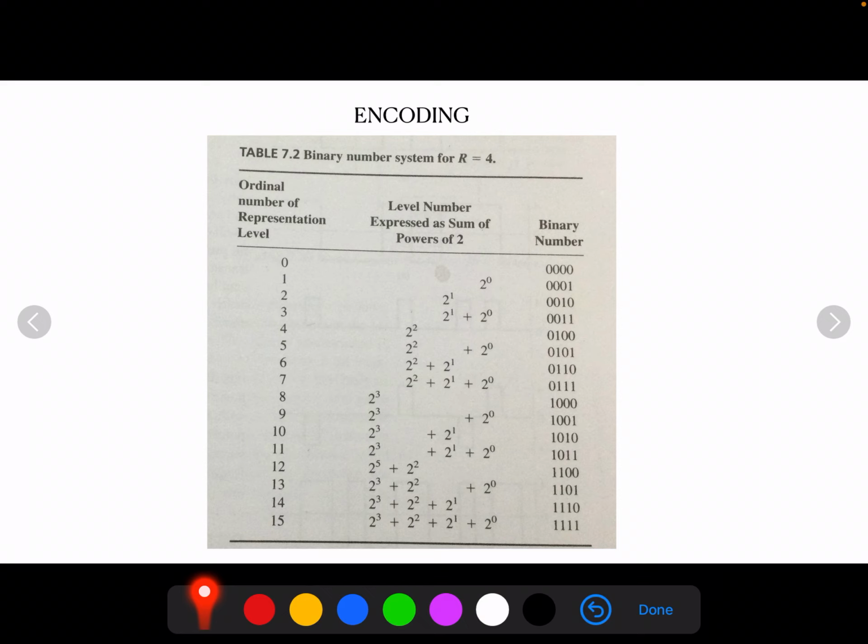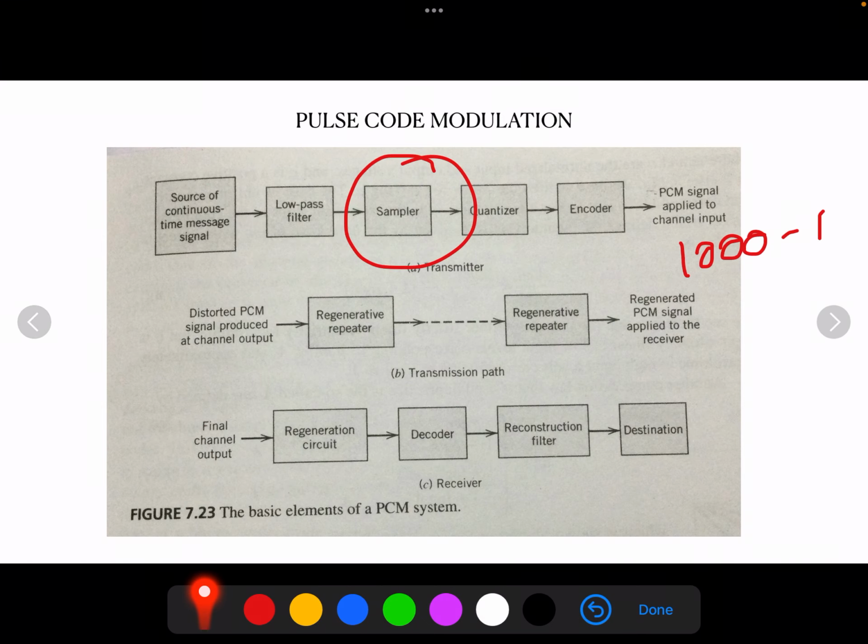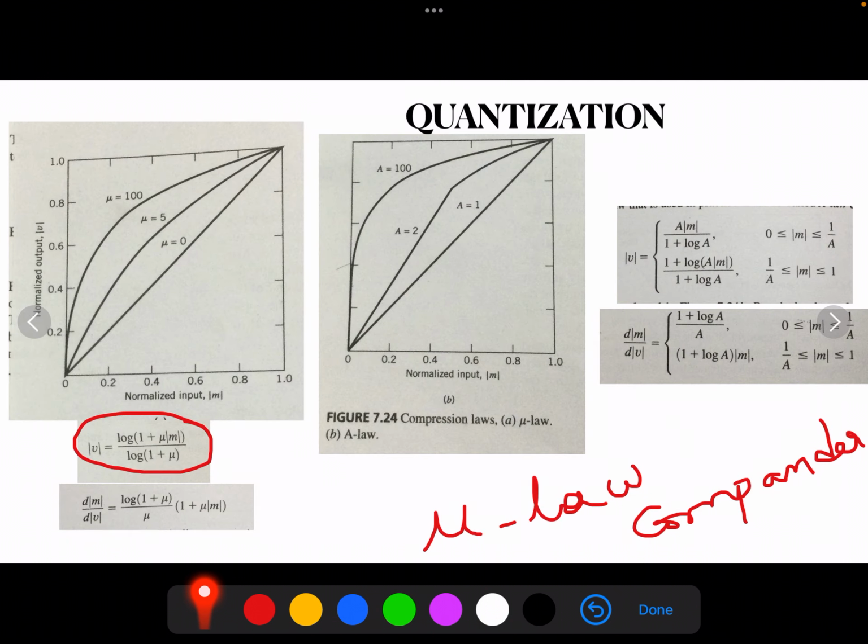So let me summarize what we have discussed in today's class. We started with pulse code modulation, its block diagram, and the step-by-step procedure in the transmitter, in the channel and in the receiver part. Then we started with the first step, that is sampling, then quantization. In quantization, we have to remember that we are using the compression laws, mu law and A law, both of which we have discussed.